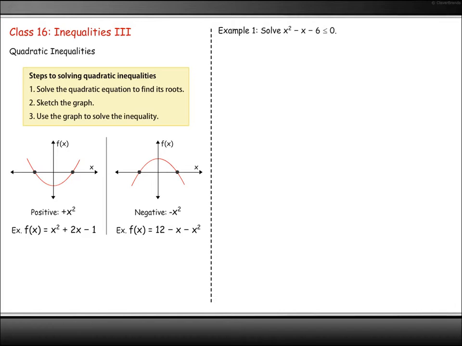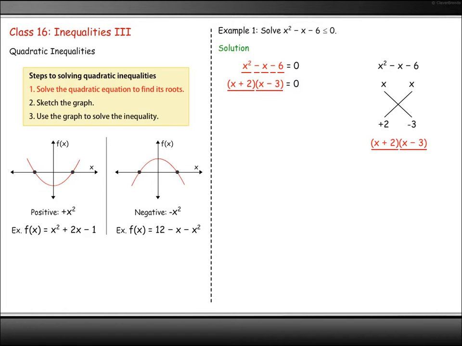Example 1. Solve x squared minus x minus 6 is less than or equal to 0. Step 1. Solve the quadratic equation to find its roots. Factorize the quadratic in the usual way. The factors are x plus 2 times x minus 3.